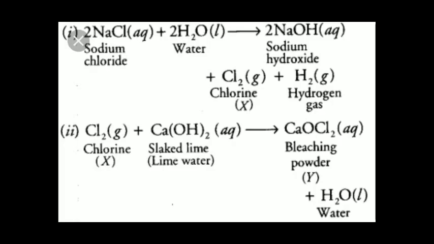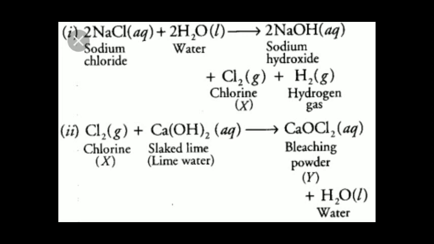As you can see in the first equation, the brine is treated with electricity and due to the electrolysis, NaOH, chlorine and hydrogen gases are produced. Now this chlorine is treated with the slaked lime and it produces calcium oxychloride.